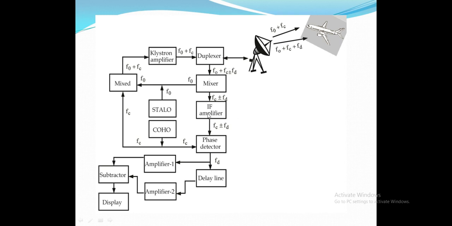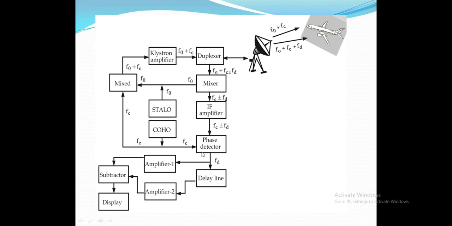Okay. So next, the difference frequency, that is Fc plus or minus Fd, is amplified by using an IF amplifier, and the output of this amplifier is given to the phase detector. Here the phase detector will compare the IF signal with the reference signal from the Coho.